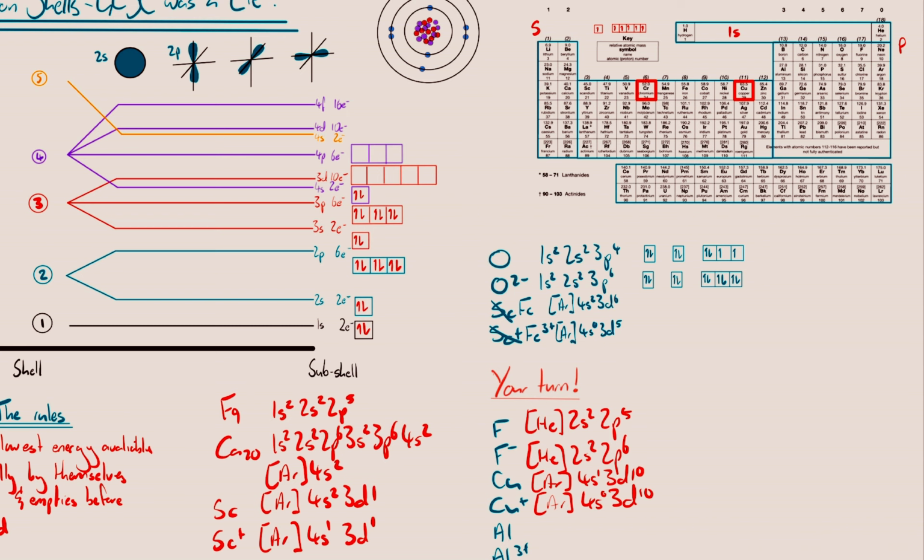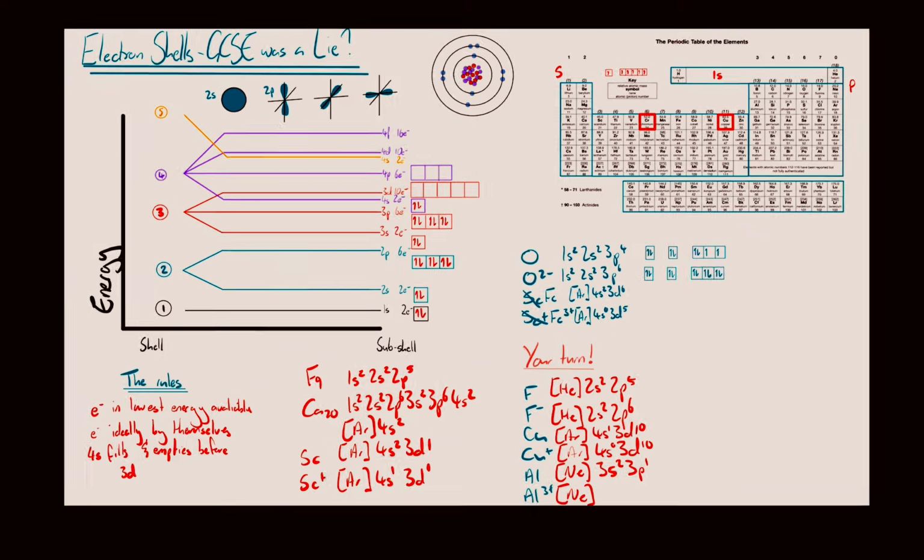Aluminium is here. So we can start off with neon, 3s2, 3p1. And Al3 plus, we can just do neon. Thanks guys, happy revising.